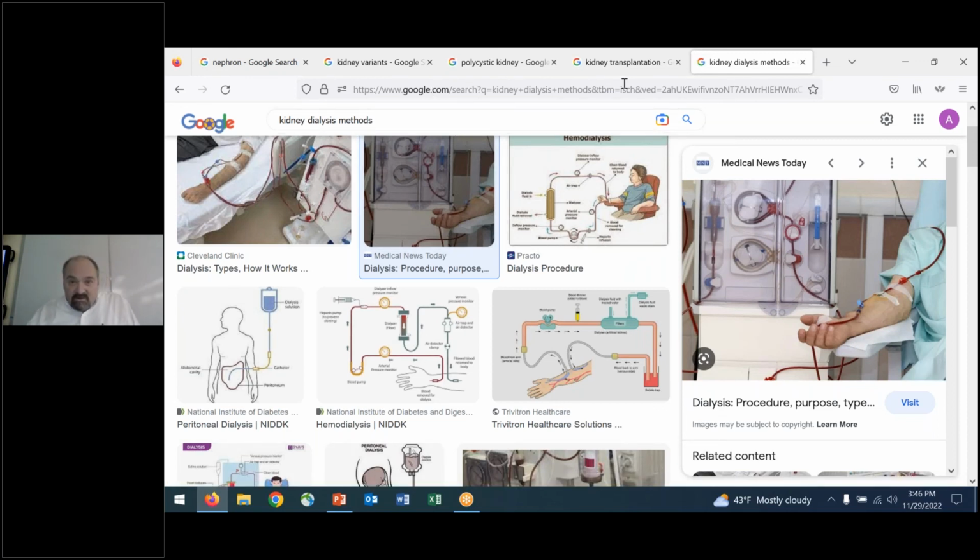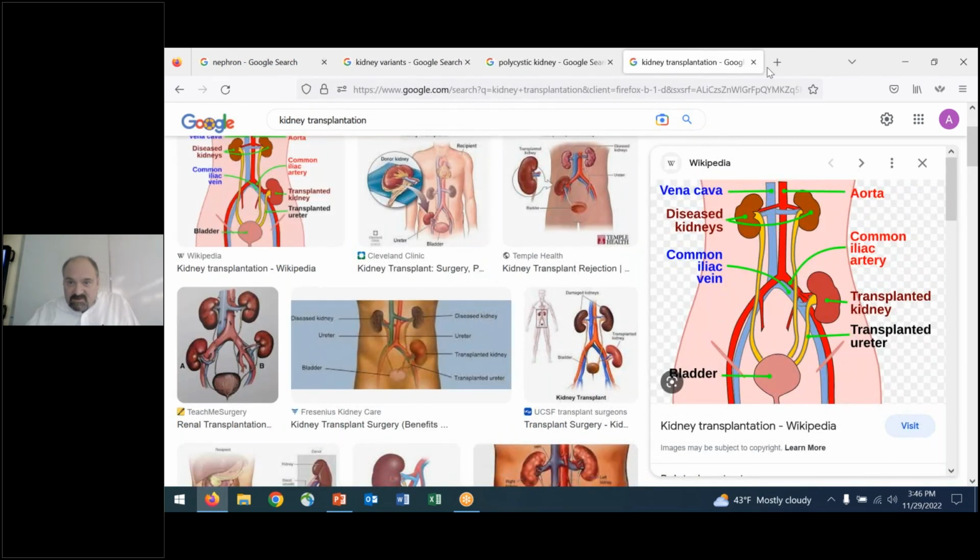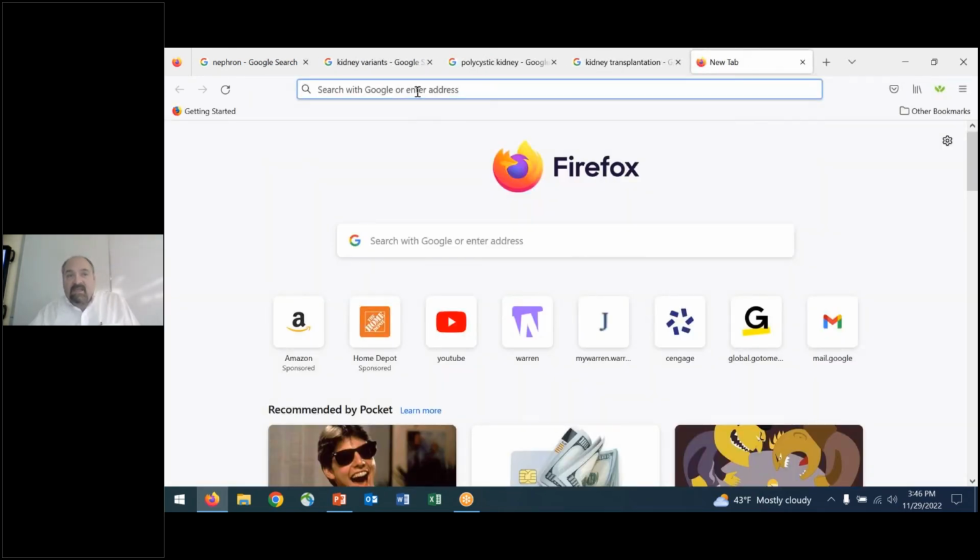What'll occur is that at night, while you're sleeping, there's a liquid that's going to be present within your abdomen and your peritoneal cavity. It's going to interact with your blood vessels and remove the waste. Then when you wake up in the morning, you'll drain this fluid from your abdomen, from your peritoneal cavity, and it'll be removed. And that did the role of filtering your blood that your kidneys could not do.